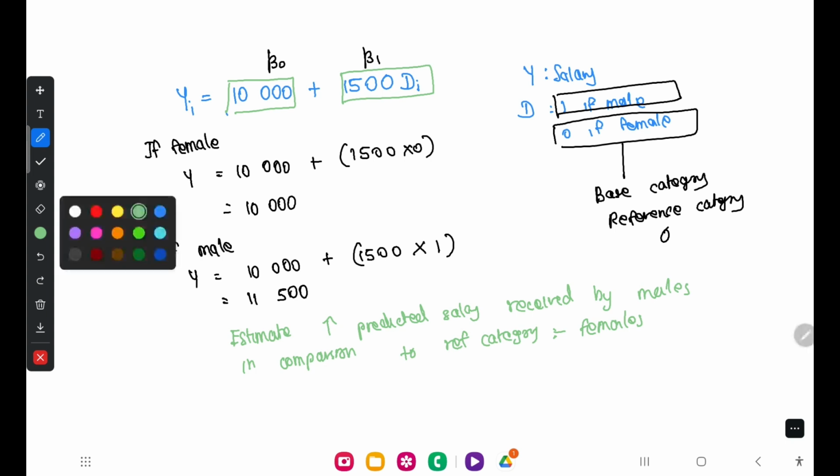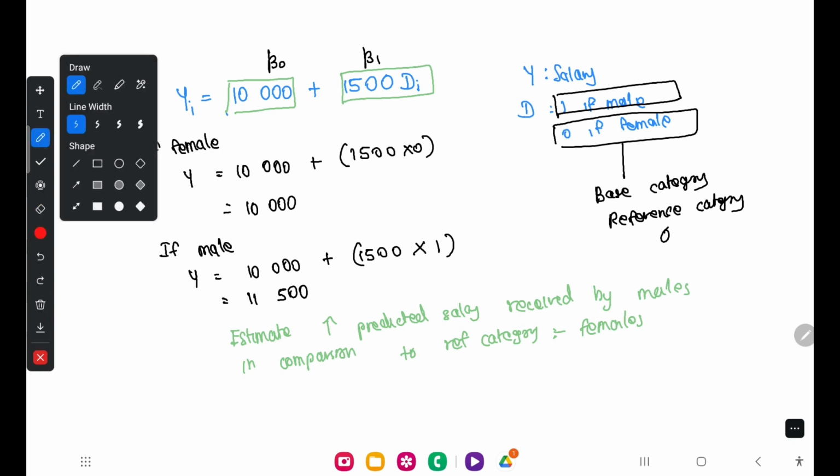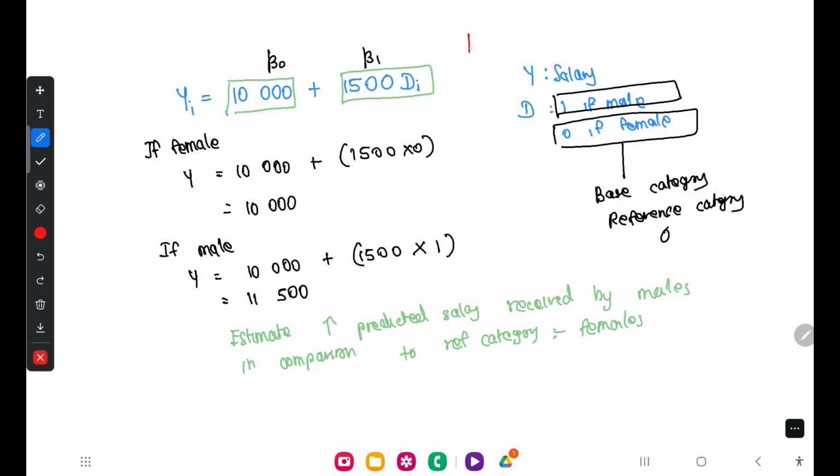Now in this first example, I have taken only one qualitative variable in our regression equation, which has two categories. Is it visible, guys?